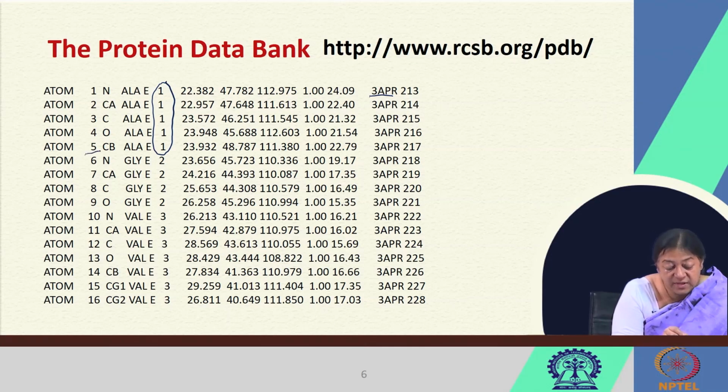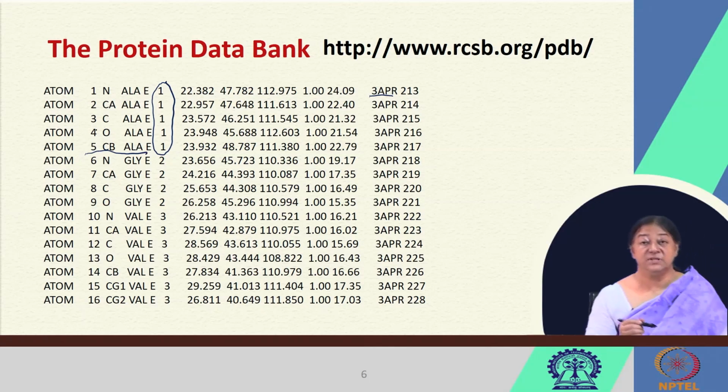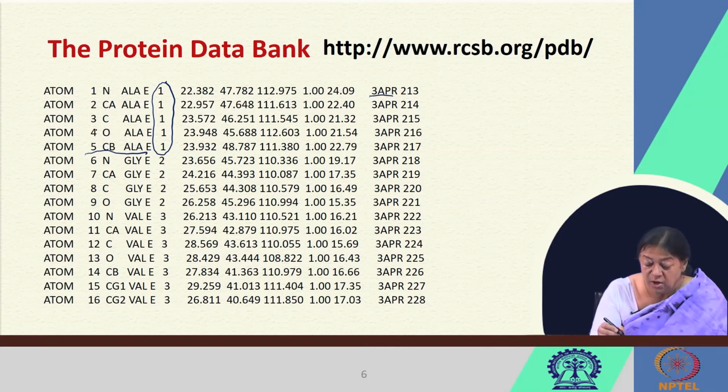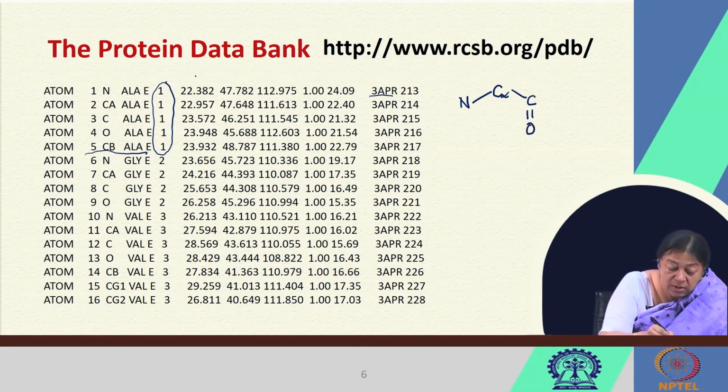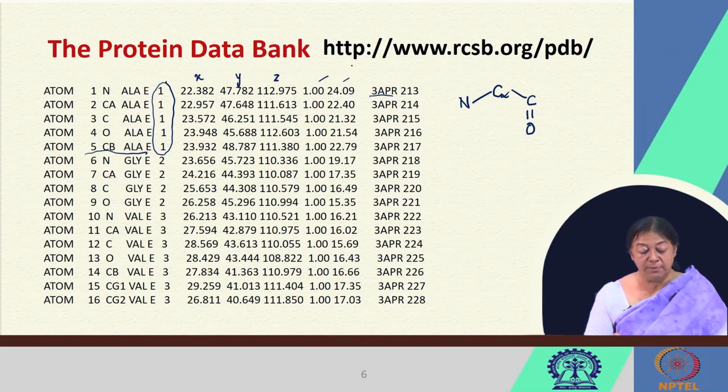We have the 5 atoms, and the hydrogens are not seen here. We have the nitrogen of the alanine, the C alpha marked CA, then the C double bond O, and we have the X, the Y and the Z coordinates. These are the occupancy and the B factor, but we don't need to worry about that now.